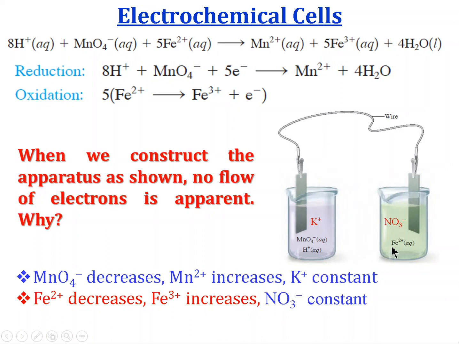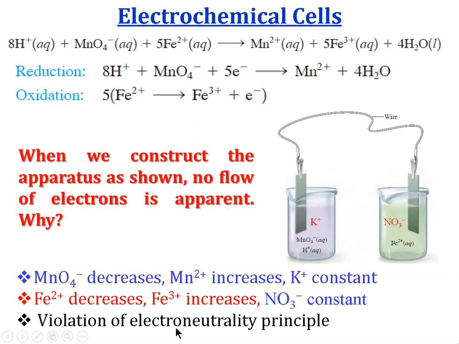So Fe2 plus decreases in the solution, and the counter ion NO3 minus remains constant, and Fe3 plus will increase. So we will have a violation of the electroneutrality principle, which states that the quantity of positive charge should be equal to the quantity of negative charge.